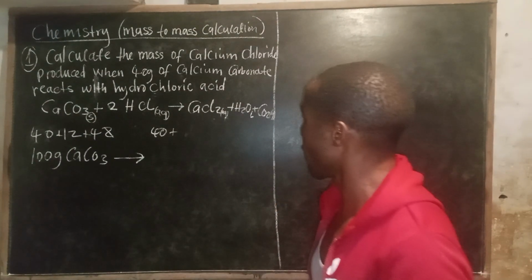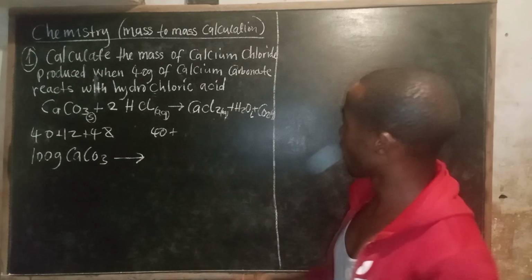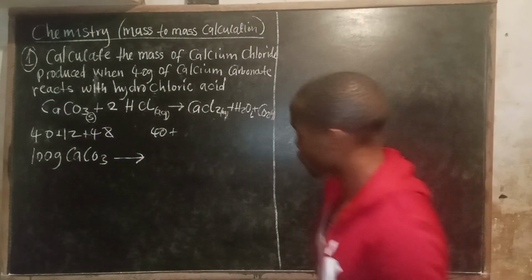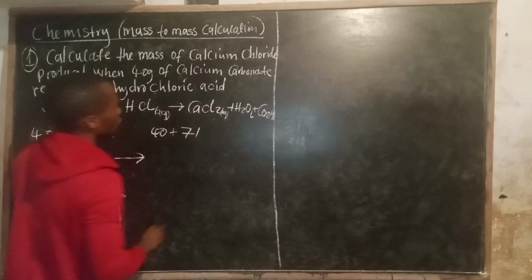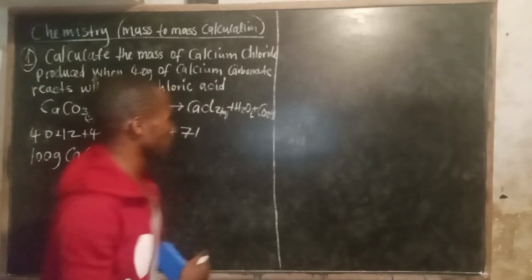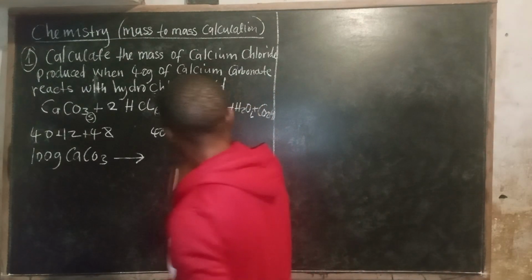So when we multiply that, 35.5 is the mass number for chlorine, times 2, we are going to have 71.